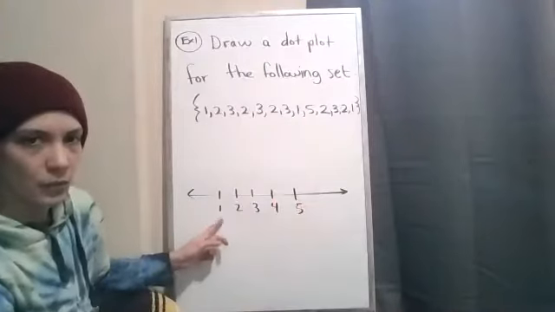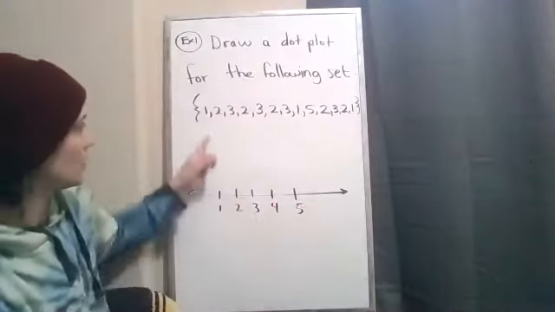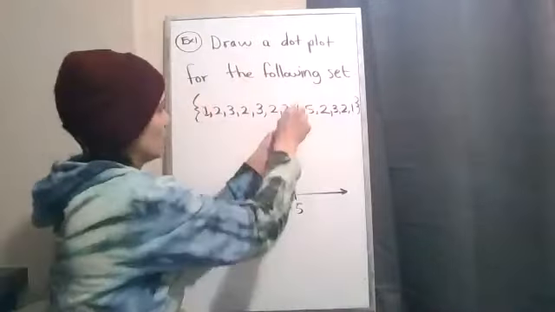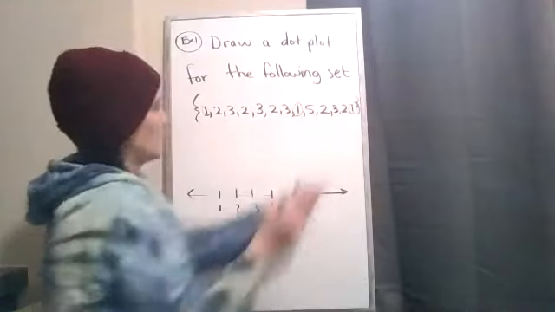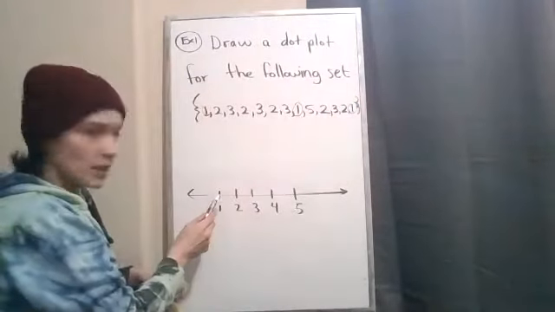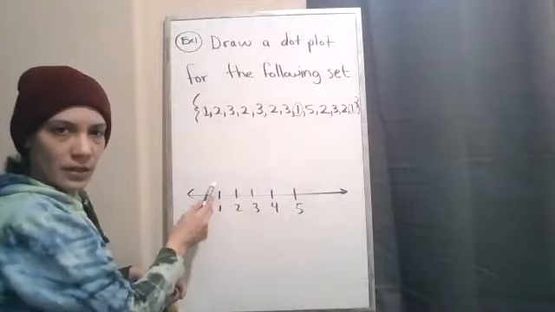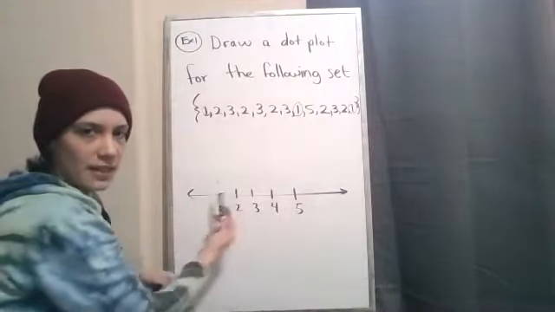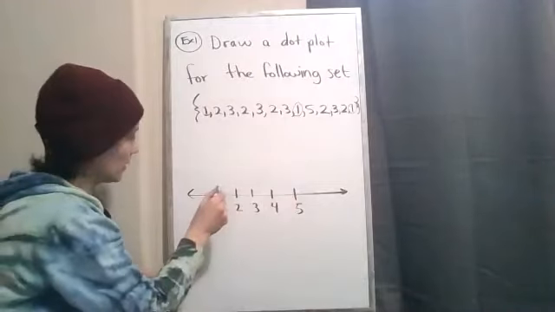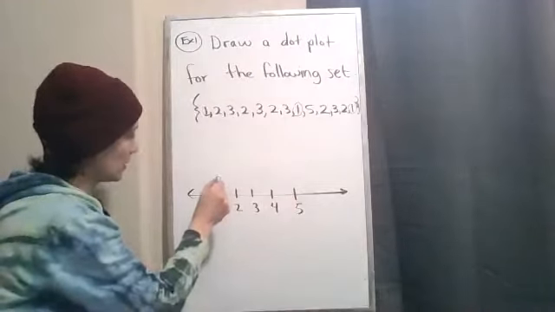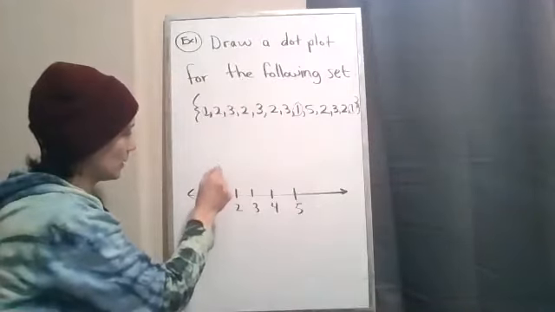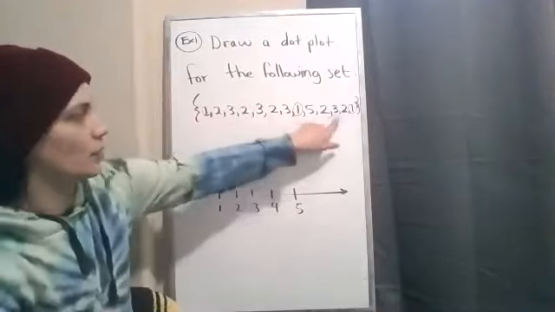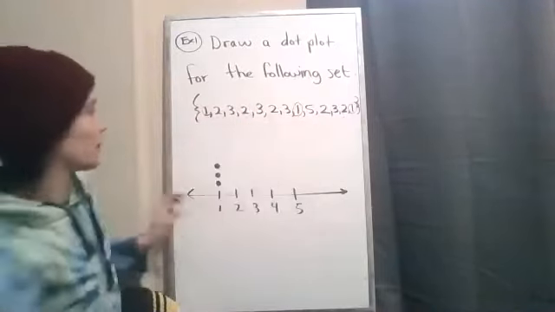And I'm just going to go 1s, then 2s, then 3s. So 1 occurs once. You can place the dot right here on this number line, or we could start a little bit above, just as long as the dots kind of match side to side. So let's start here. 3 dots. 2. 1, 2, 3, 4, 5 of those.